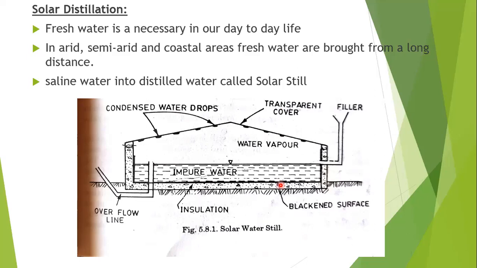The impure water in the basin or tray is heated and forms vapors. These vapors are condensed, cooled to purified water, on the cooler interior of the roof.